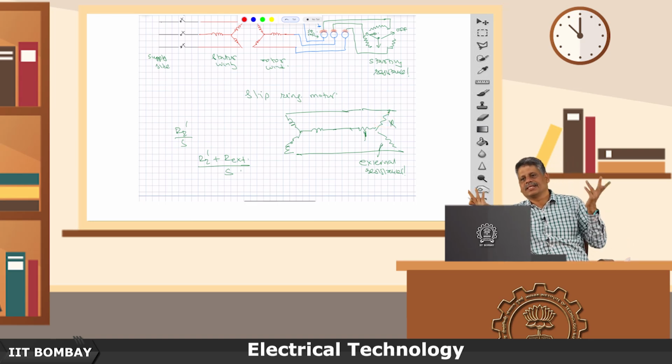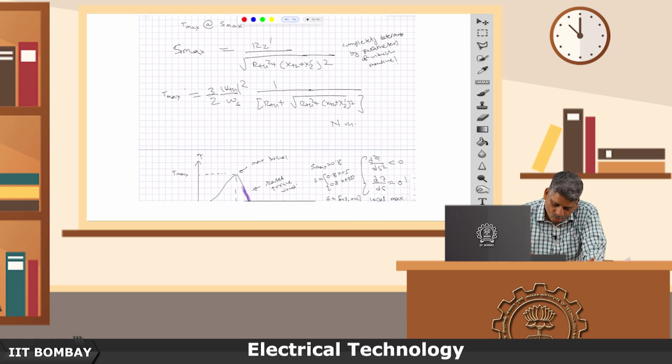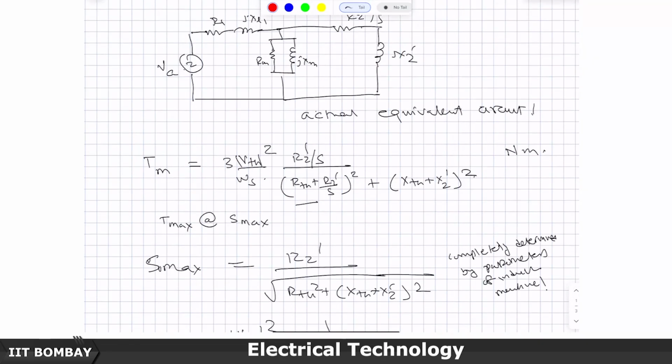I could have added an inductor also, but that is not usually done, because the torque is proportional to R2 dash by S. So, I really do not get such a good handle by connecting an inductor there. I could have equivalently got a control on X2 dash, and that also has an indirect control on the mechanical torque. But the torque equation says that torque is directly proportional to R2 dash by S.